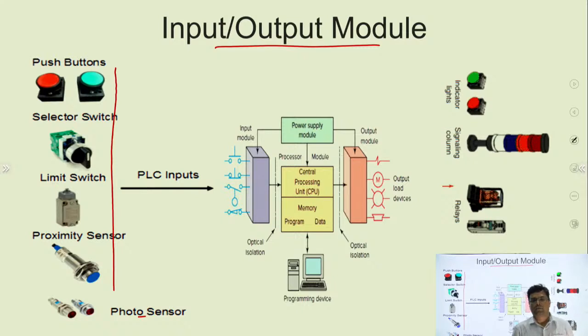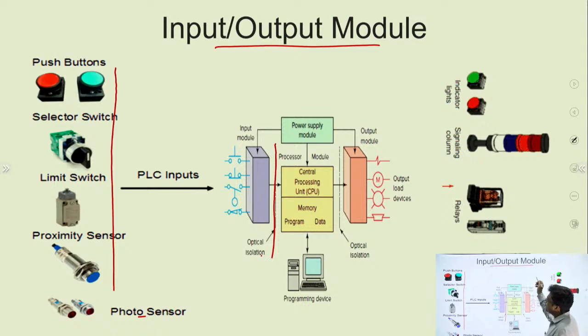There may be analog input and digital input, which will be fed to the CPU with the help of optical isolation, which I have covered. We cannot feed directly to the CPU, as if there is any fault in the system or the voltage level increases, for protection we use optical isolation.